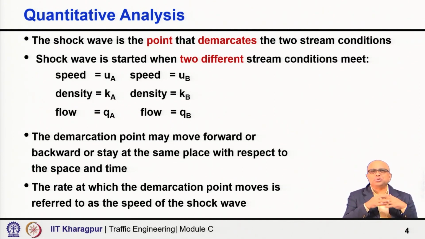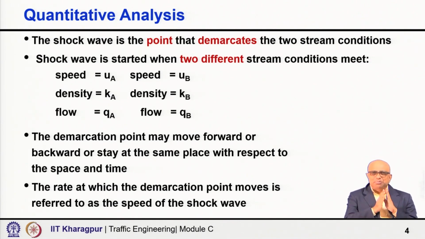So, let us consider two stream conditions A and B with speed u, density k and flow q. So, for A and B it would be QA, UA, KA and KB, QB, UB.